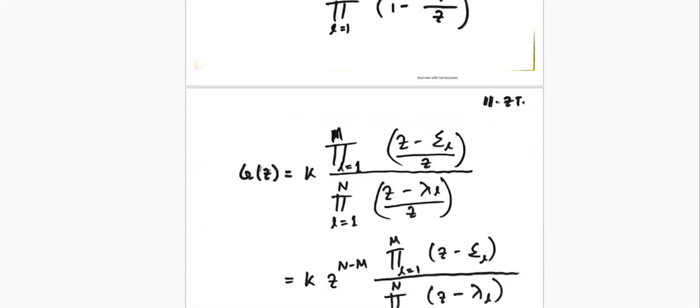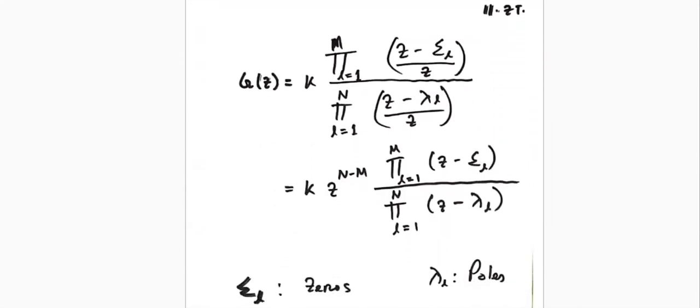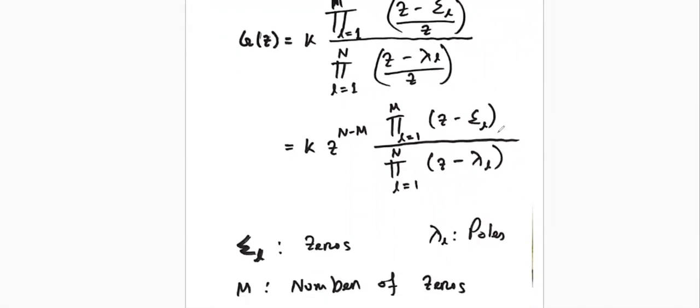You can go through this, and afterwards you can find this expression, which is the same as the previous one, by which we can find how many zeros there are, and in the denominator we can find how many poles there are.